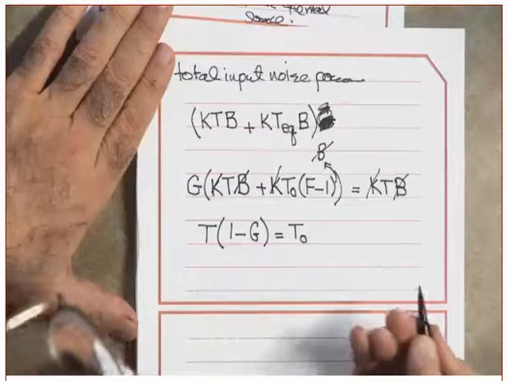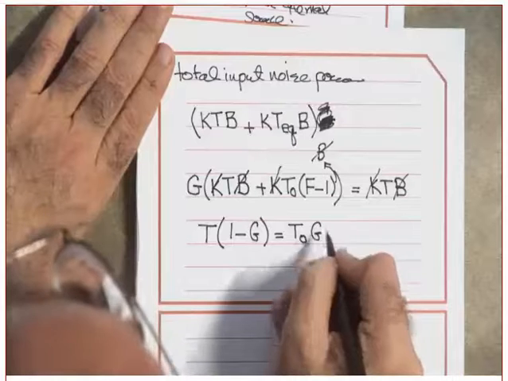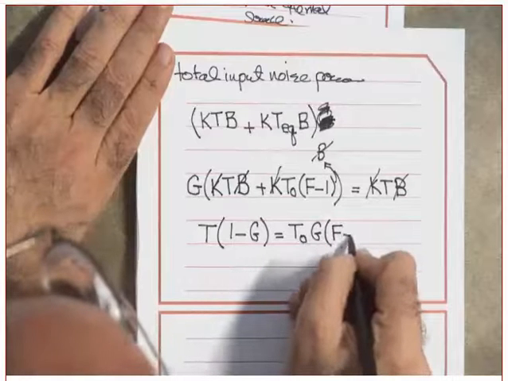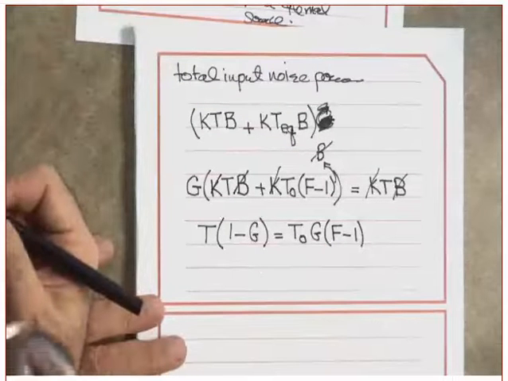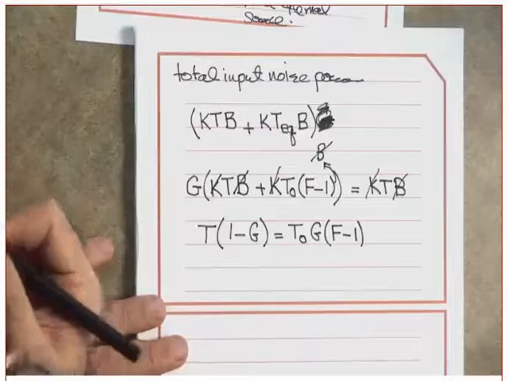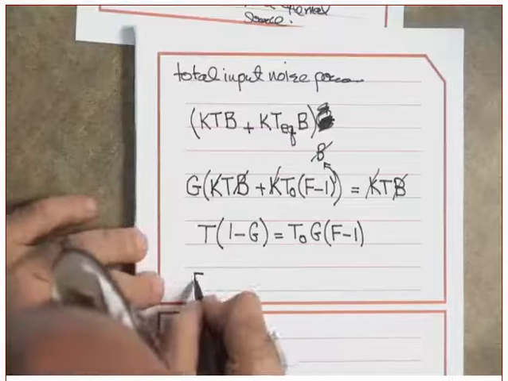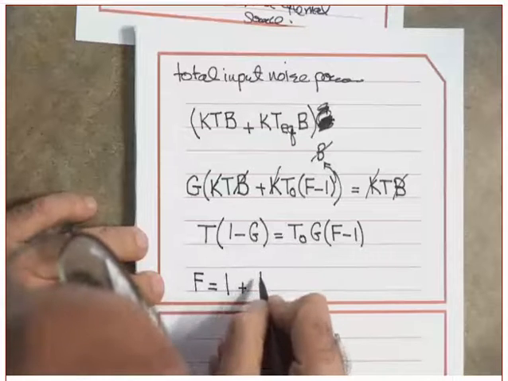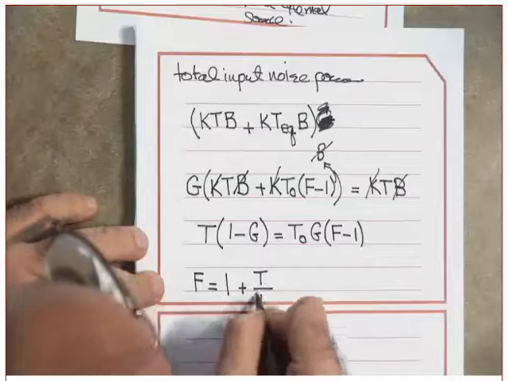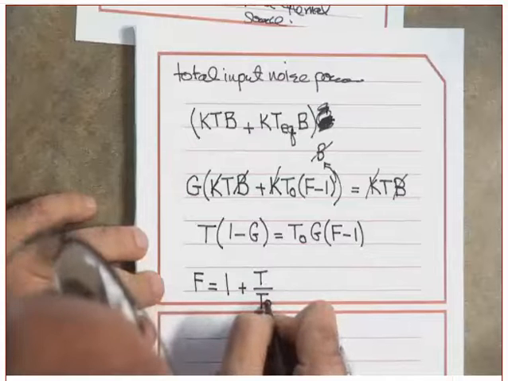T0, I messed up. F is equal to 1 plus T over T0.